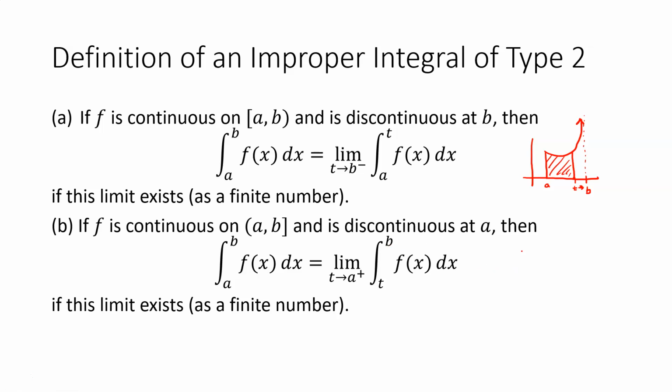And again, here we can imagine that perhaps we have a vertical asymptote at that left endpoint of the interval, and the graph maybe approaches infinity as it approaches that vertical asymptote. But the integral from t to b will be an integral that we can evaluate, and then we just take the limit as t approaches a, in this case from the right.